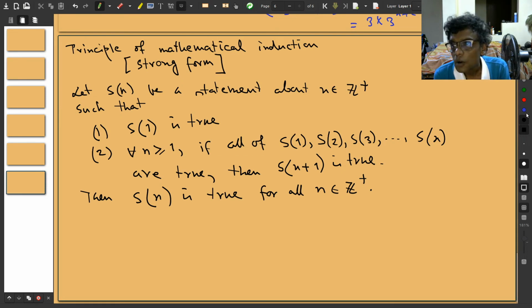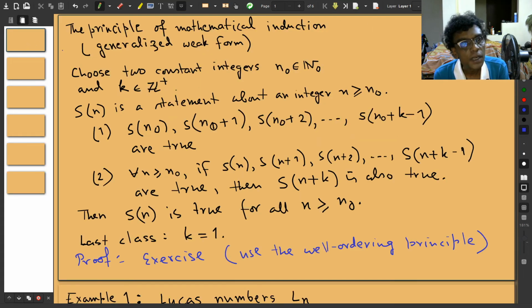So, why is this called strong form? In the first form that we have seen, the very special weak form, the assumption was if Sn was true, then Sn plus 1 is true. In this generalized form, I made assumptions about k of these things.